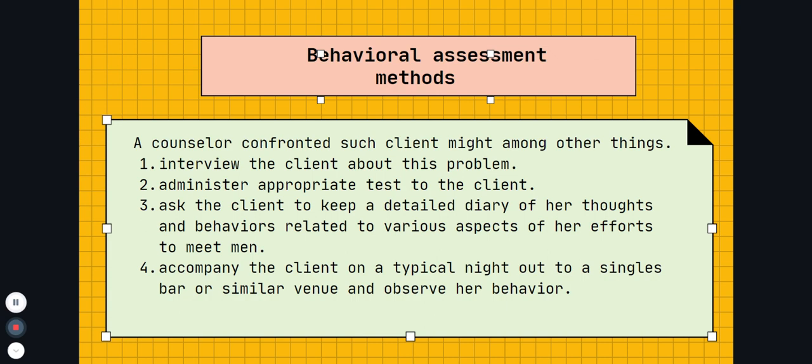In the night out scenario, the last part where the client goes to the singles bar, the counselor is doing the actual observation, watching how the woman behaves towards men.